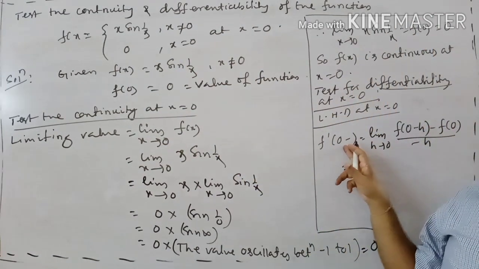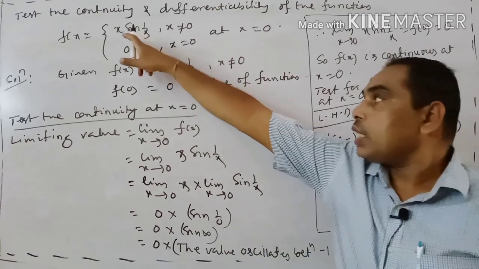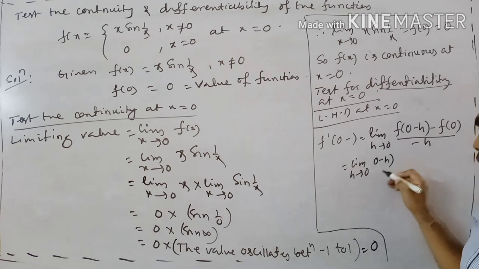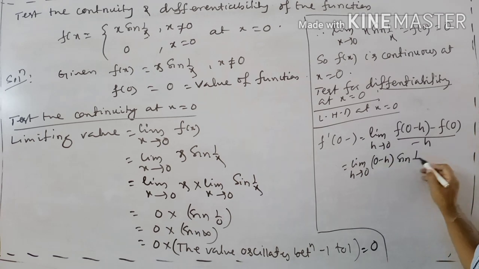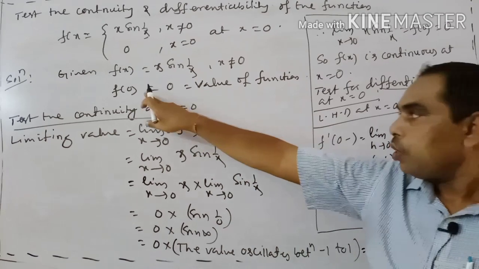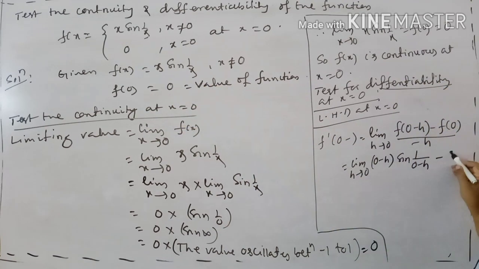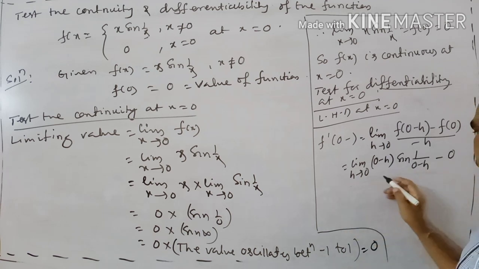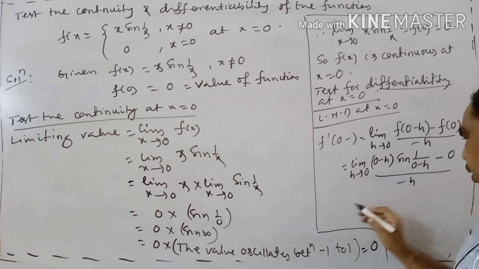So put x is equal to 0 minus h. Sin 1 by 0 minus h, minus f of 0; f of 0 is 0, given. Divided by minus h.